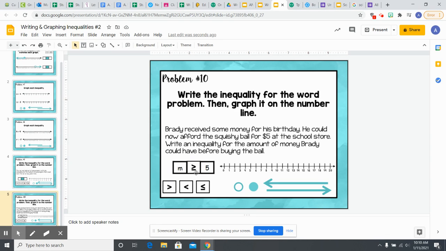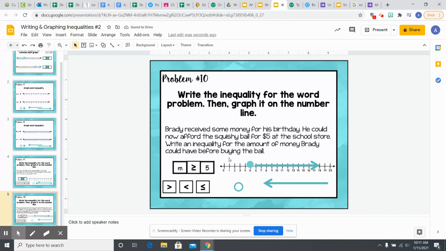Okay, since it's greater than or equal to, that tells me it's going to be a closed circle and it's going to go on 5. Let's make our circle a little bit smaller. There we go. All right, since it's greater than or equal to 5, that means our arrow is going to go towards the right.